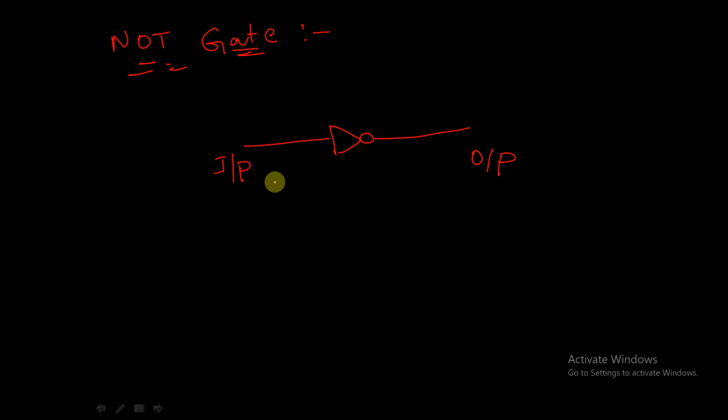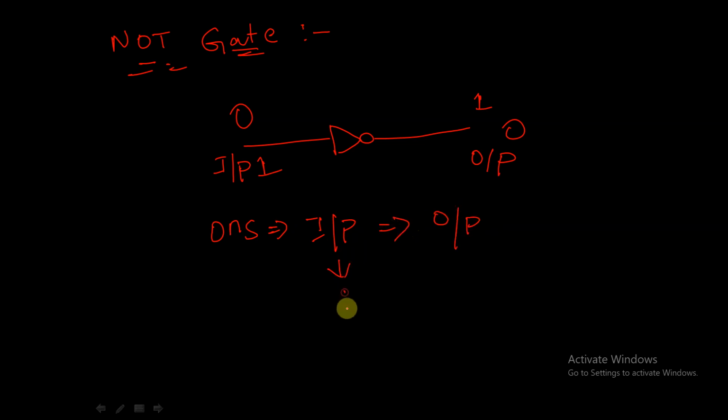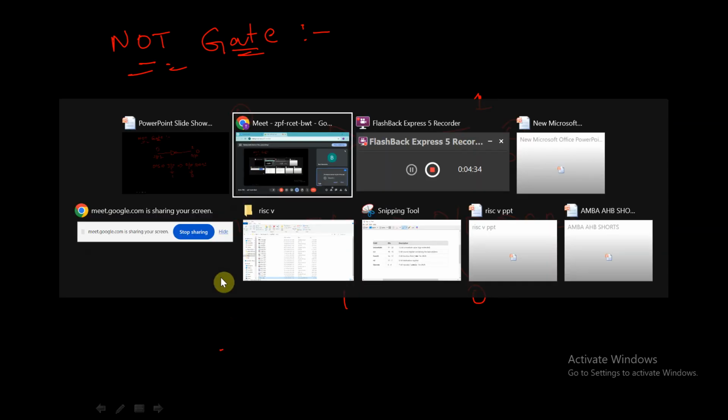Ideally speaking, if we apply 0 at the input, then we will get output as 1, and if we apply 1, we will get output as 0. So at 0 nanoseconds, if we apply 1 at the input, ideally at 0 nanoseconds only we will get the output as 0.